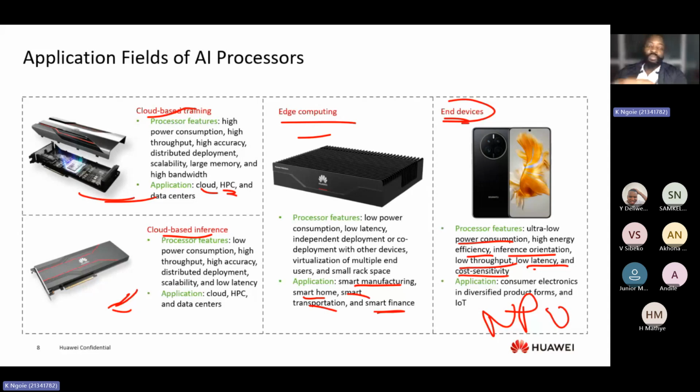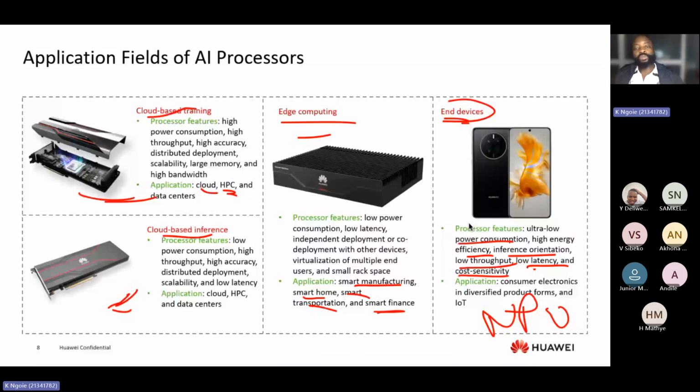So you basically have parallel processing, right? And you have fast communication between nodes. That means when you're training your model, there's very strong and fast communication between nodes. So you can use this for cloud-based training processes.